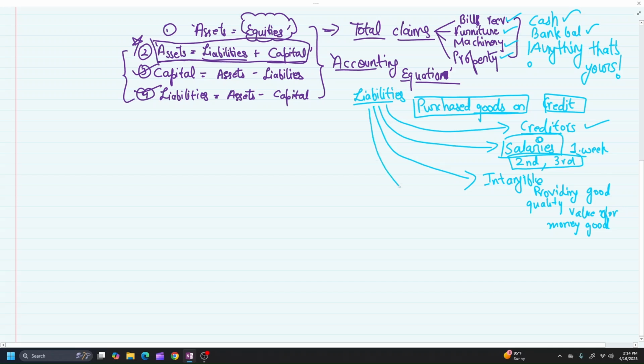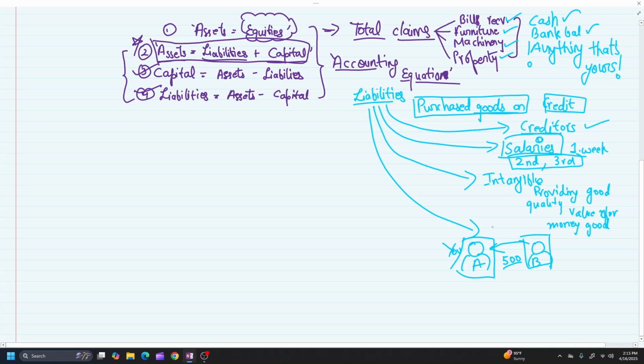Or the liability can be this: let's say this is one person, this is another, let's name them A and B. A is you, and B is someone in the company or anyone. Now B gives you 500 for providing goods.